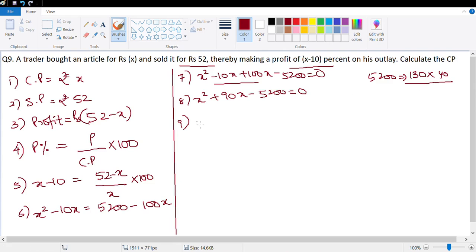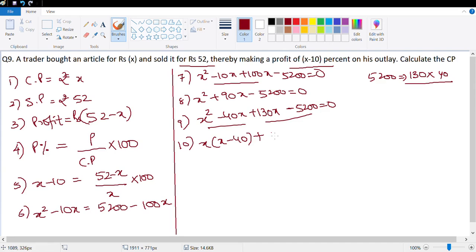So x square minus 40x plus 130x minus 5200 is equal to 0. Clubbing it the way I have done underlined, x times x minus 40 plus 130 times x minus 40 is equal to 0. X minus 40 times x plus 130 is equal to 0.